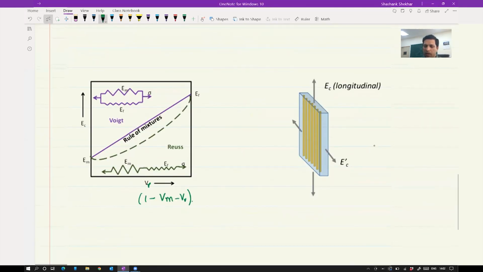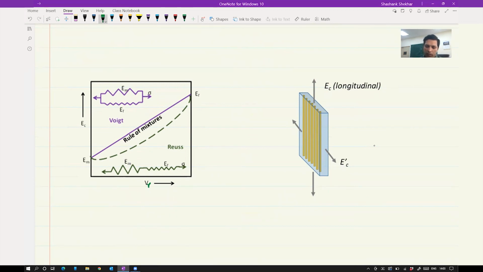And this part is very neatly summed up in this figure. So here is the rule of mixture. Let's say on the y-axis you have elastic modulus, and on the x-axis you have volume fraction of reinforcement, which means 1 minus matrix, assuming that there is no void volume fraction.